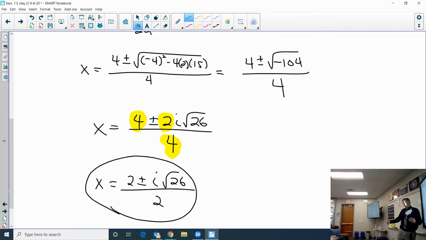You got to put it just in the proper format. Okay, I know they're equivalent. Could you have also written x equals 1 plus or minus i times radical 26 over 2, because it separates the 2 and the i radical 26? Usually they don't do that.